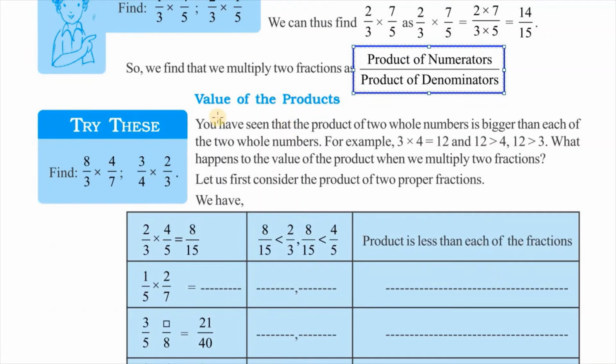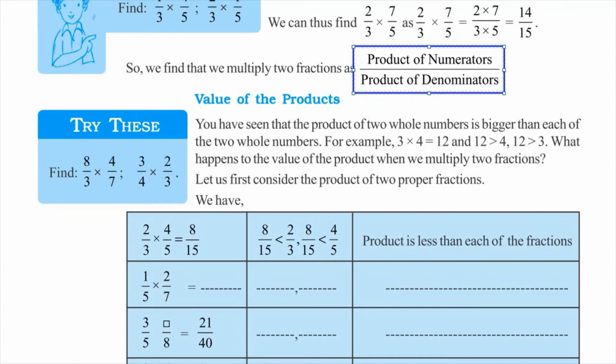Up next, value of the products. You have seen that the product of two whole numbers is bigger than each of the two whole numbers. So we know that whenever we are multiplying whole numbers, the product is going to be bigger than either of them. There's an exception to this case, that is when you're multiplying anything by 1, in which case the product is not going to be bigger, but it is going to be the same as the number with which you're multiplying.